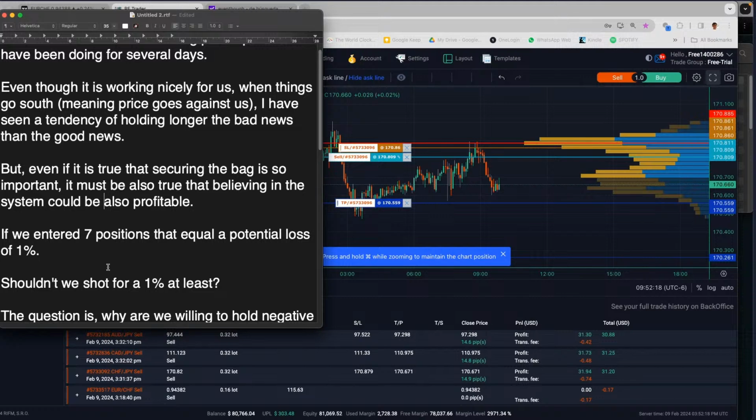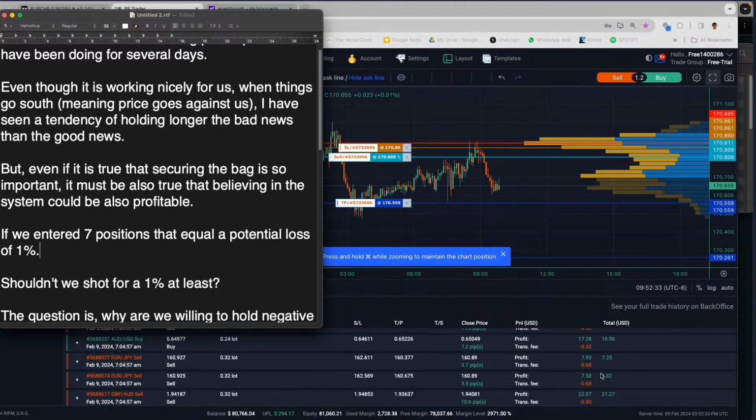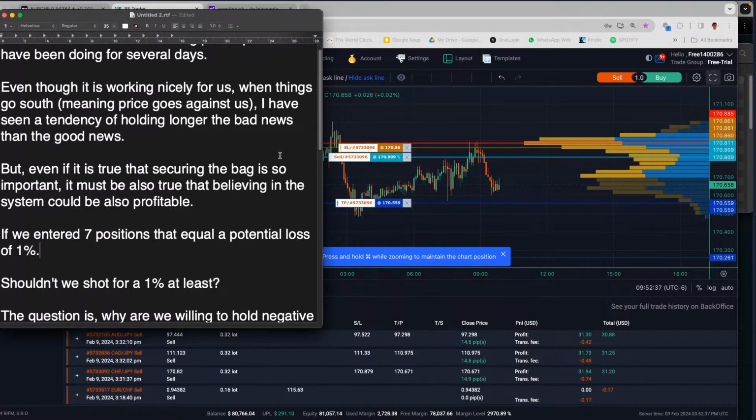If we enter seven positions that equal a potential loss of 1%, it should be 0.1, but sometimes I adjust stop loss a little bit longer, and sometimes the broker charges some kind of things when we enter a position. I have seen the broker charges stuff.